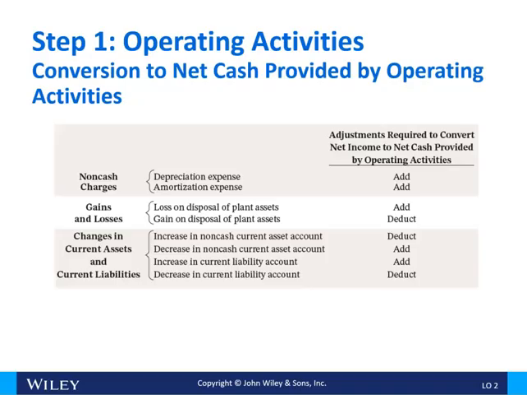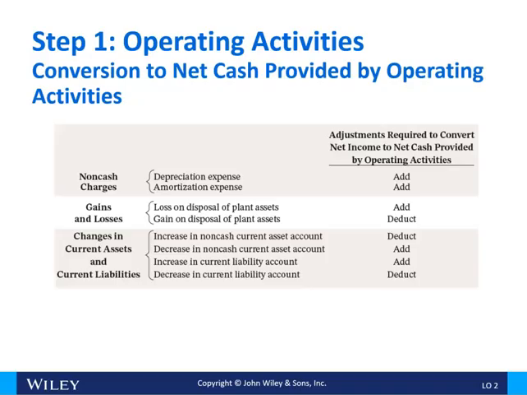Any loss on disposals we'll add back, any gains we'll deduct, and then the non-cash current assets and the current liability accounts. We deduct increases in current asset accounts, add decreases in current asset accounts. On the liability side, we add increases in current liability, and we deduct decreases in current liabilities.